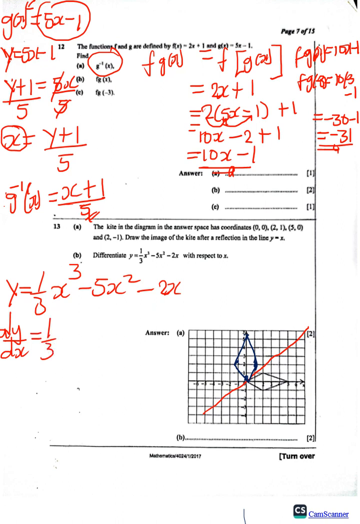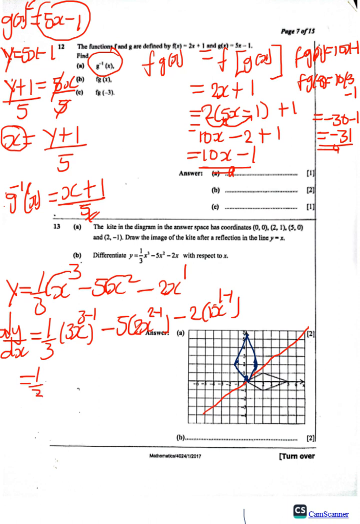Whenever you are differentiating, the power will be brought down. So this becomes 3x to the power 3 minus 1, minus 5. This power will also be in front of x, so this becomes 2x to the power 2 minus 1, minus 2. Here the power is 1, so if we bring 1 down, it's x to the power 1 minus 1.